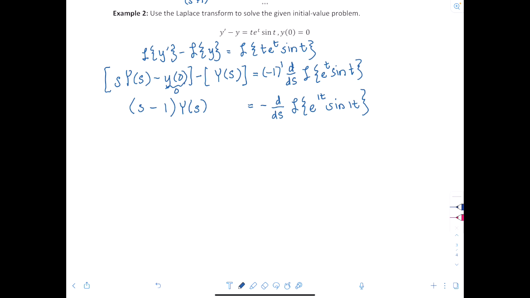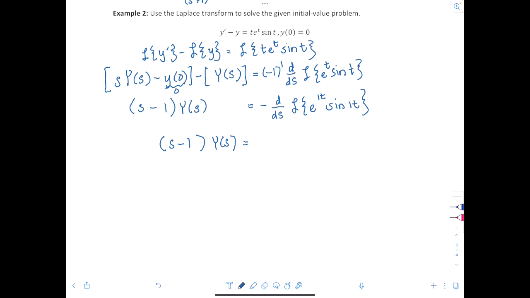So here we'll have our capital Y at s is equal to, and I'm just going to keep the s minus 1 as a multiplier until I'm done working with this a bit.